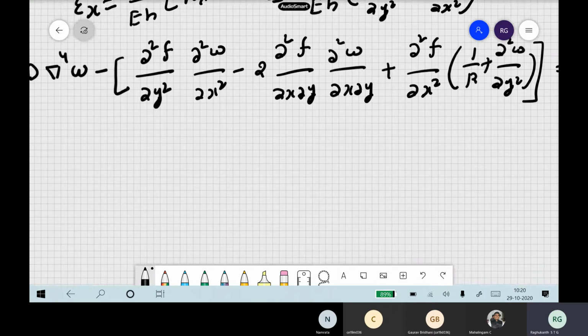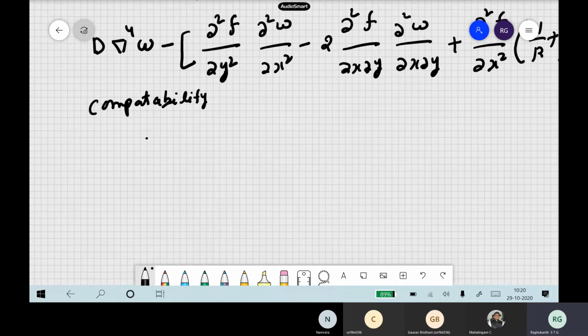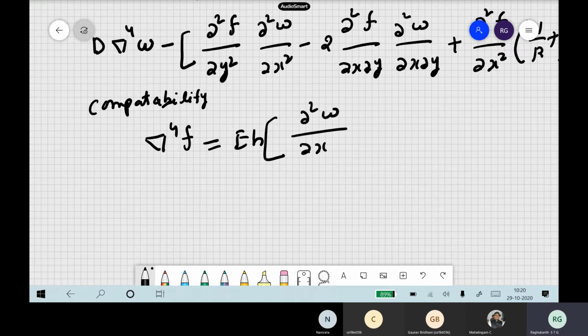This was the equilibrium equation you get, and from the compatibility we also get one more equation, same as what we did for the plate. So for f, minus is equal to Eh into dou square w by dou x dou y, whole square.